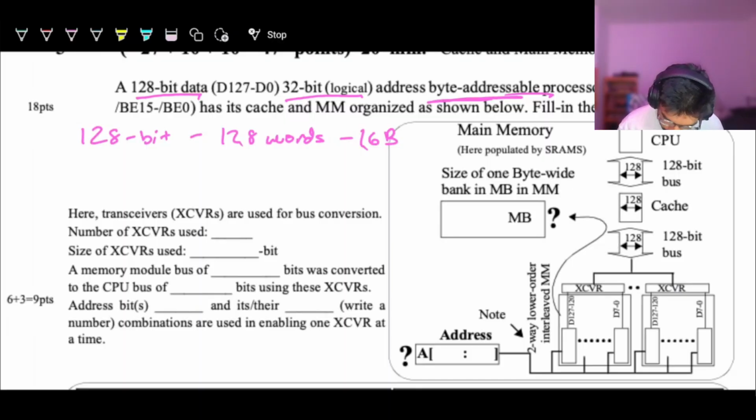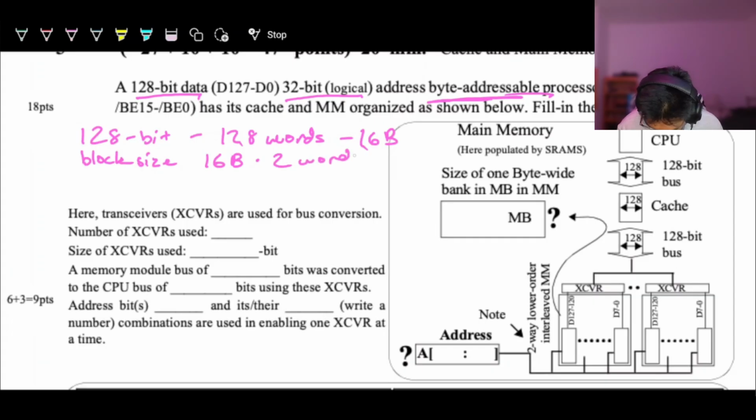So that means our block size is 16 bytes times two words, which is 32 bytes. For each way of interleaving, we need one transceiver. So we have two-way interleaving, we need two transceivers.